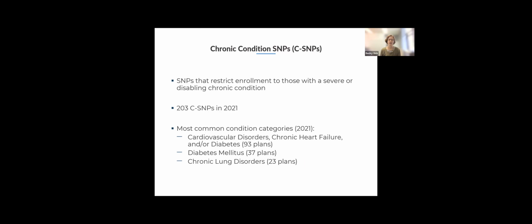The most common was cardio plans focusing on members who have cardiovascular disorders, chronic heart failure, and/or diabetes. The second most common were special needs plans focusing on diabetes. And then the third most common was C-SNPs focusing on chronic lung disorder.